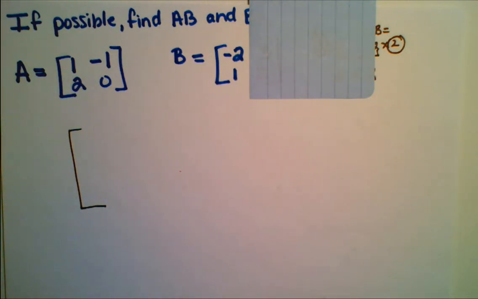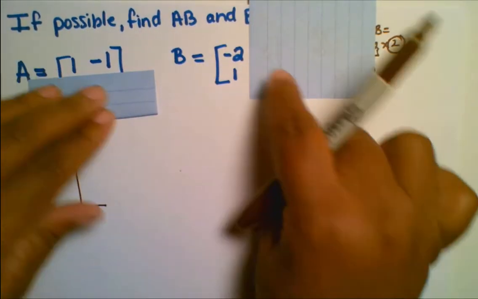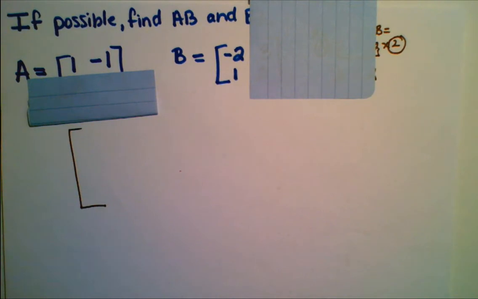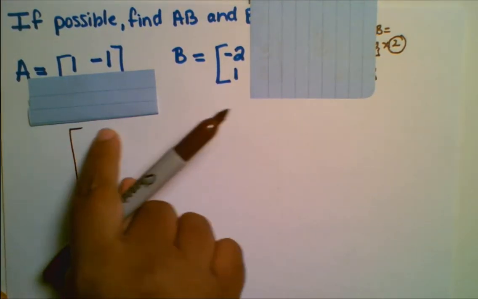We're looking for the first row, the first column. This is our focus. These are the numbers.